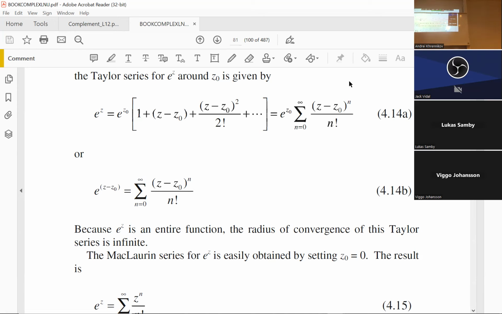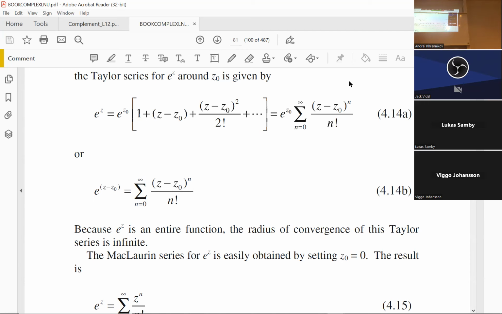Okay, so now exponent converges, cosine, sine. Maybe there is no difference from real analysis, because what does it mean that this series converges? It means that we can always write the sum of z^n divided by n factorial as less than or equal to the sum of the absolute value of z^n over n factorial. If you take the absolute value of z^n, you can check this, I take z to the degree n and take the absolute value.